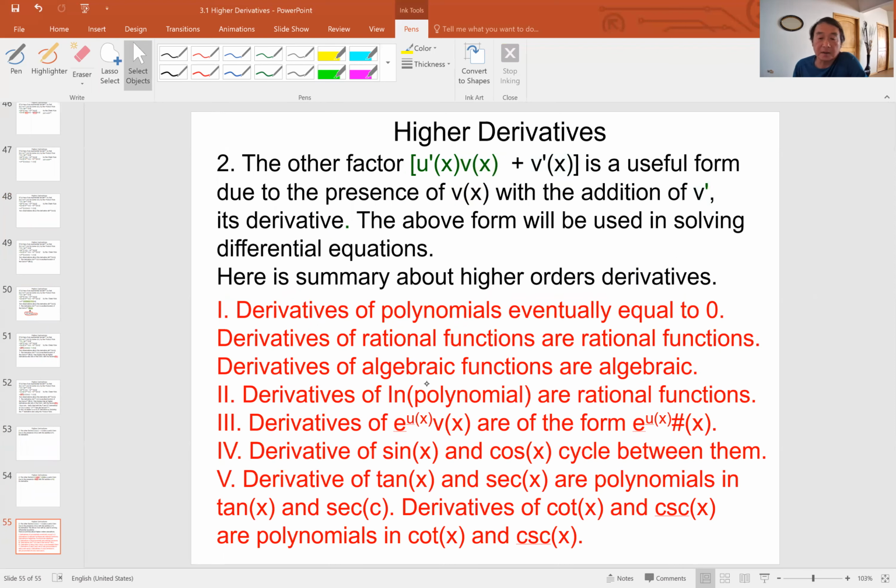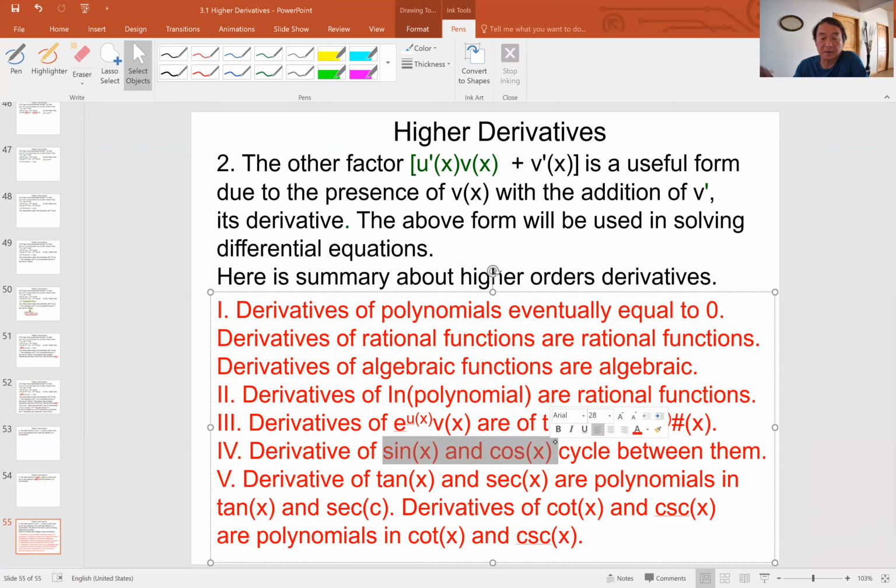And that's it. The last part is the summary of what we just went through of the higher derivatives of different families. Derivatives of algebraic functions stay within algebraic. The derivative of log of algebraic jumps into the algebraic family. A derivative with e to the ax as a factor, that e to the ax will persist.